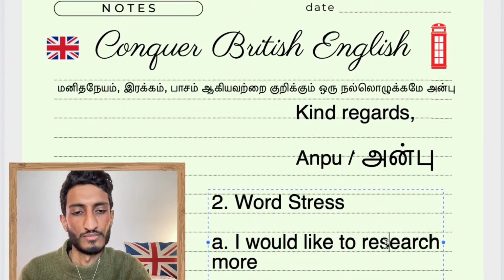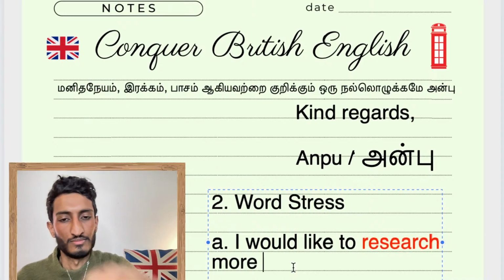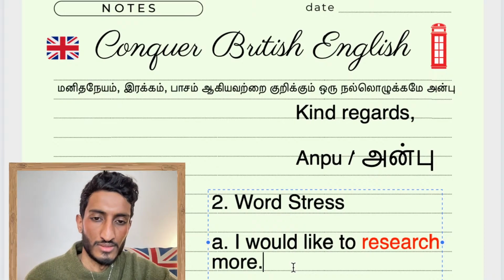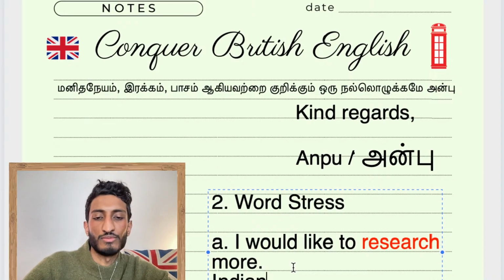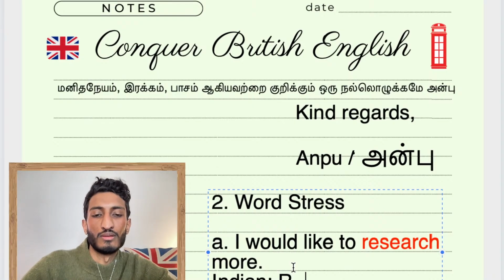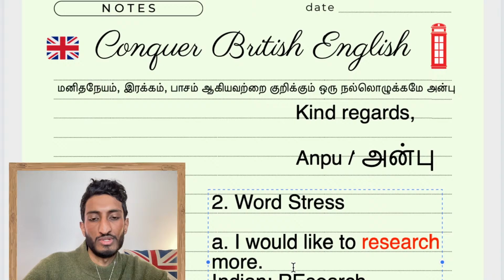I would like to investigate what's happening in this word. So in the Indian accent, this is where I'd put the stress, but then in British accent, this is where I would put the stress.